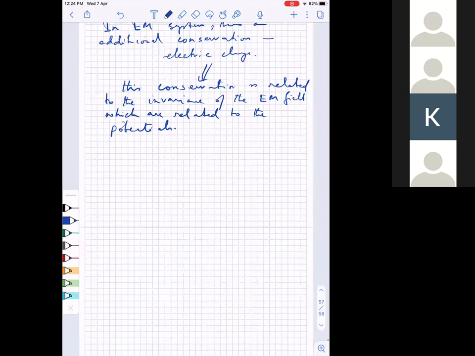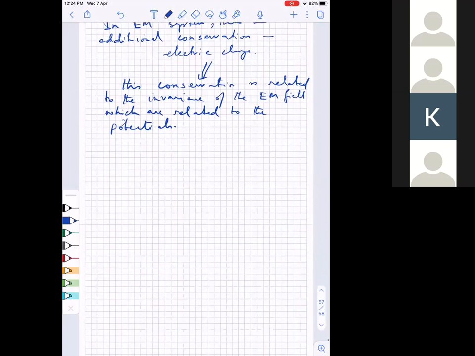So remember, if I have my vector potential, if the vector potential goes to A plus some gradient of lambda, where lambda is some arbitrary function, and at the same time my scalar potential goes to phi minus 1 by c del lambda del t.